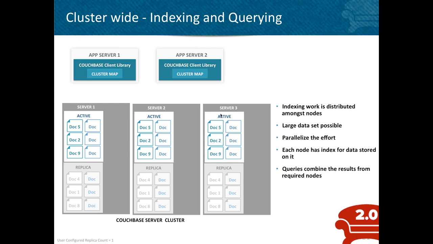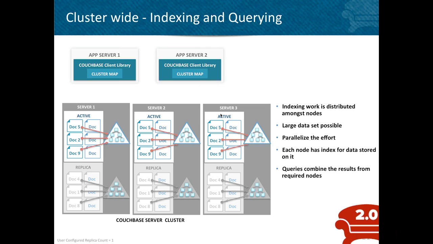If we take a look at how this operates across a cluster, every Couchbase server maintains its own set of indexes. There's both an active and a replica index kept up to date, so that even in the event of a failure, you have that data available in the replica indexes.